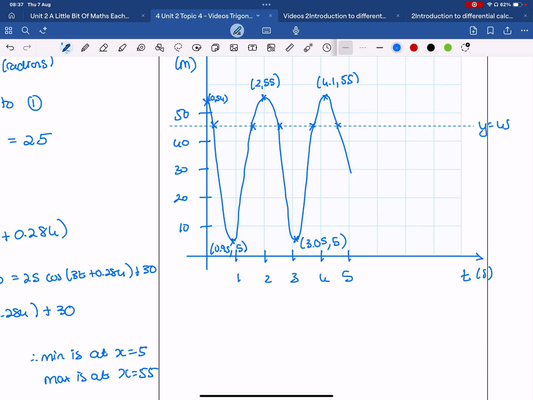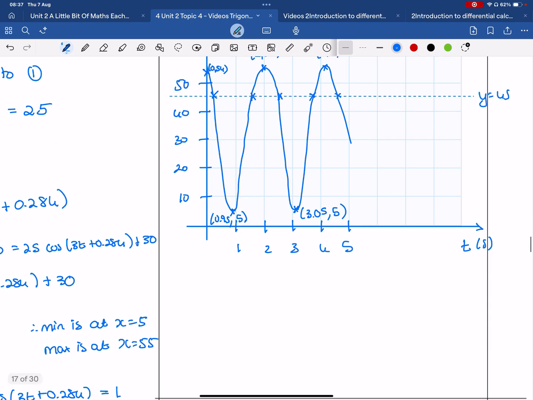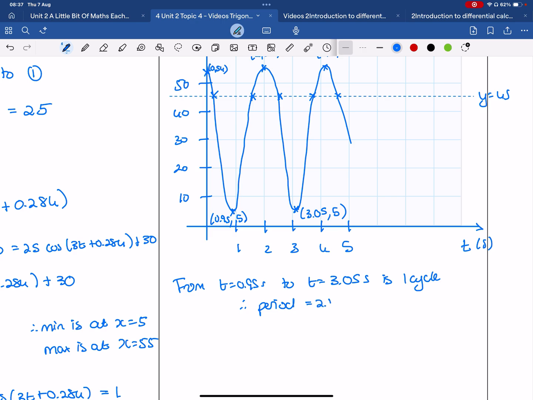And a way to find the period is to just go from a maximum to a maximum or a minimum to a minimum. So from t equals 0.95 seconds to t equals 3.05 seconds is 1 cycle. So therefore, I know that my period is 2.1 seconds.